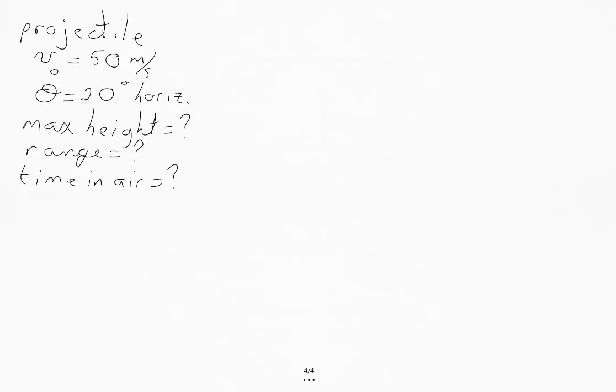Well, let's draw a quick diagram. Always, always, always draw a diagram for these things. So here's my ground. There's my projectile path. This angle is 20 degrees. My initial velocity is 50 meters per second.